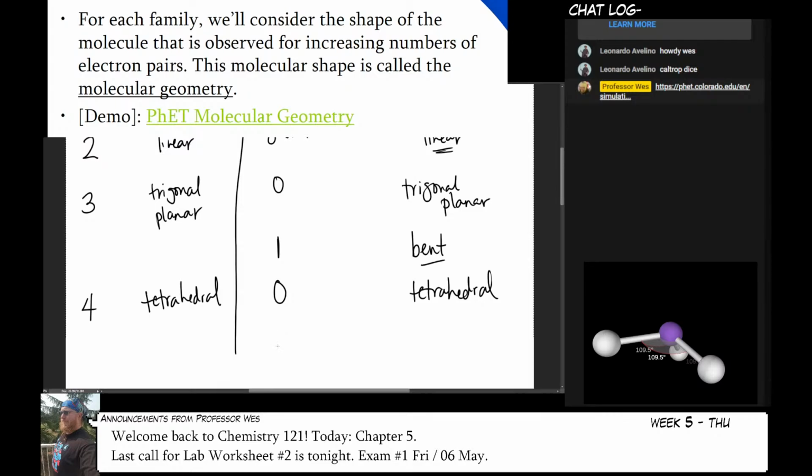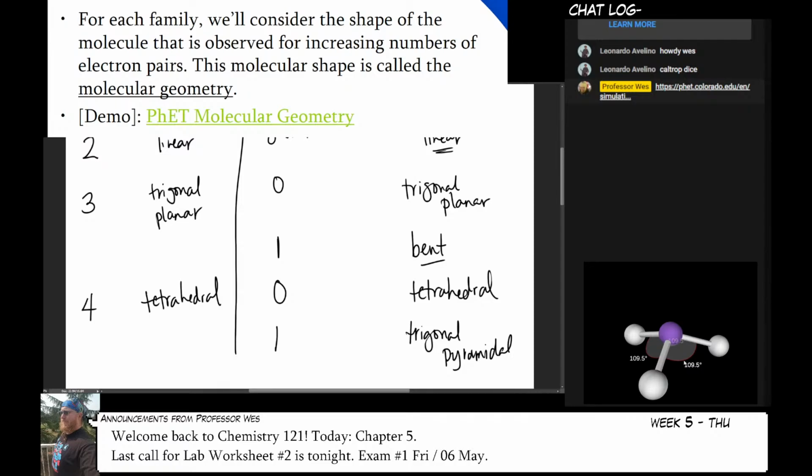So if I have one electron pair present in my tetrahedral VSEPR geometry, the new shape is called trigonal pyramidal, because it looks like a tiny pyramid and the base is a triangle. You can see that this purple atom is not level with the rest of my atoms here. It's hard to spin this.